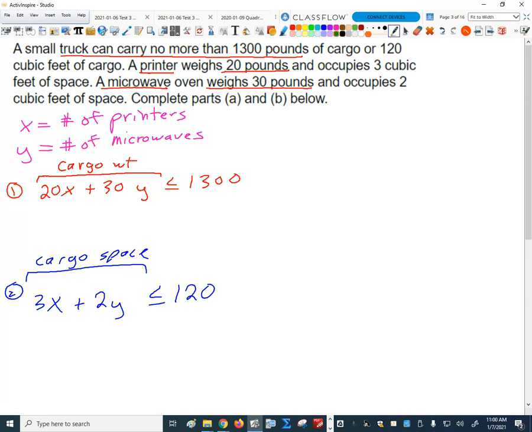That doesn't make physical sense. When I'm talking about physical things like printers and microwaves, the number always has to be non-negative. So it could be 0 or greater, but it can't be negative. It doesn't make sense. How could I add a third inequality here that's going to tell me that the number of printers can't be negative?